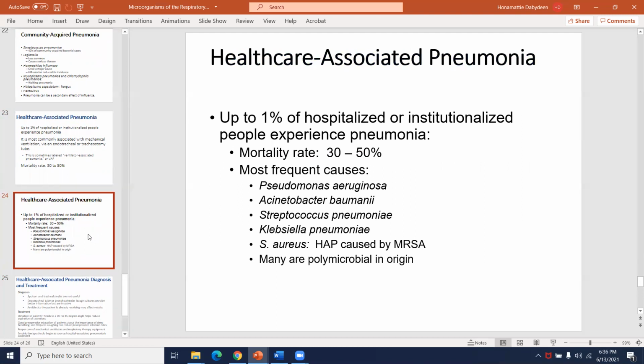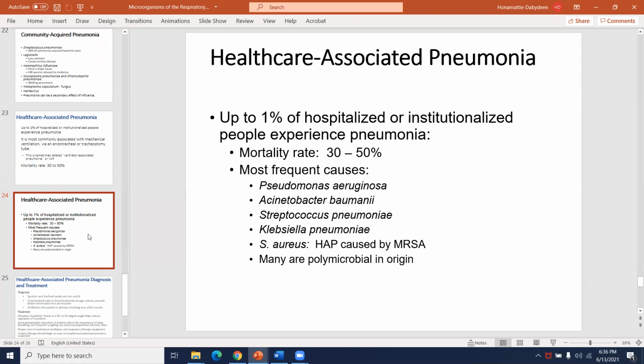Most frequent causes of these types of pneumonia: there is the culprit Pseudomonas aeruginosa, Acinetobacter baumannii, Strep pneumoniae is there, Klebsiella pneumoniae, Staph aureus, and a lot of them caused by the methicillin-resistant staph, the MRSA, again, resistant species.